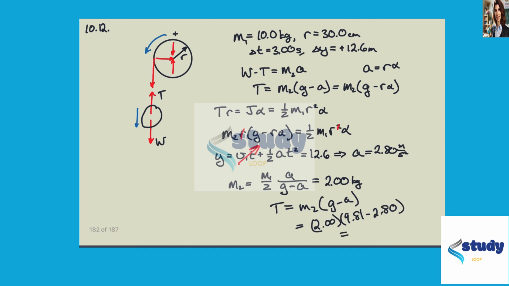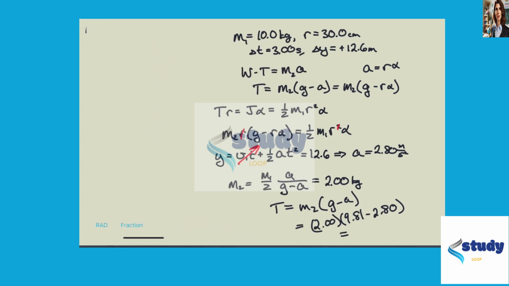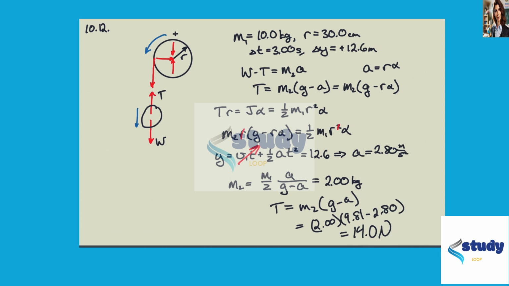Doing the math on our scratch pad, 2.0 times 9.81 minus 2.80 is about 14 newtons. So there we go, the tension in the cable is 14 newtons.